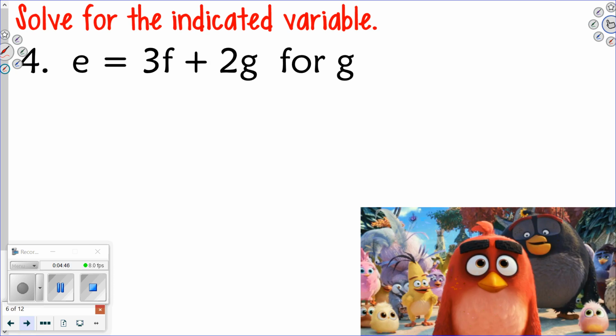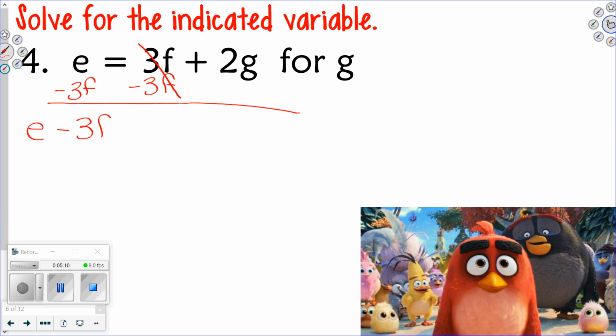E equals 3f plus 2g. Solve that one for g. What do I have to do first? Subtract. Good. Don't divide first. Dividing should be the last thing you do. So I'll subtract 3f. What's e minus 3f? E minus 3f. Don't do over, because that would imply division, and we don't want to divide.